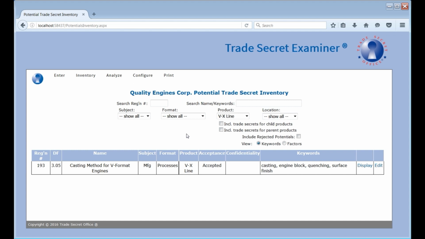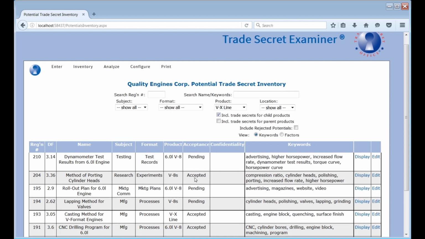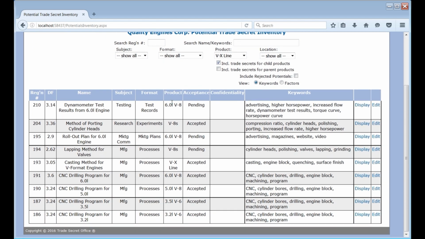Well, I'd have to give them this trade secret, but I'd also have to include the trade secrets that apply to the 6-liter, to the 5-liter V8s, to the 3.5 and 3.2 liter V6s, the V8s as a group. And so these are all the trade secrets that apply to the entire V format engines. So that ability to store a product line also extends to the ability to sort and select.